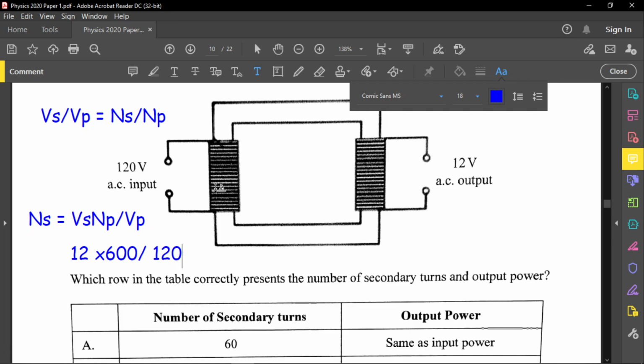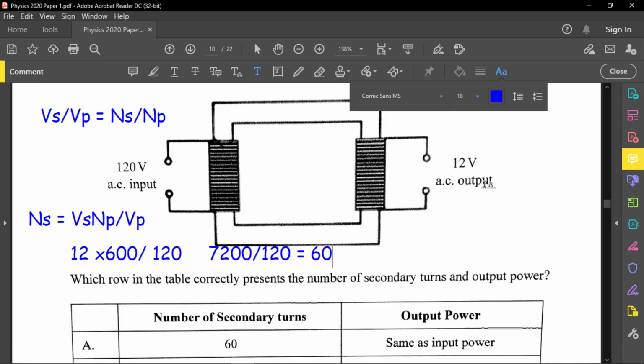So 12 times 600 gives you 7,200, and you divide that by 120. And so our answer here will be 60.